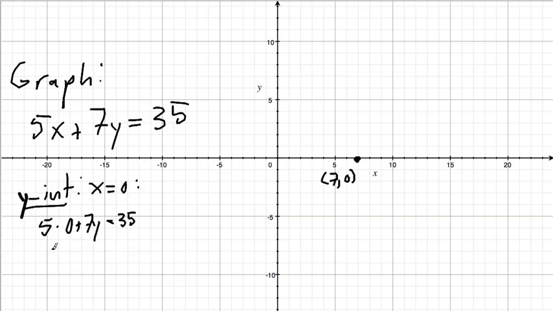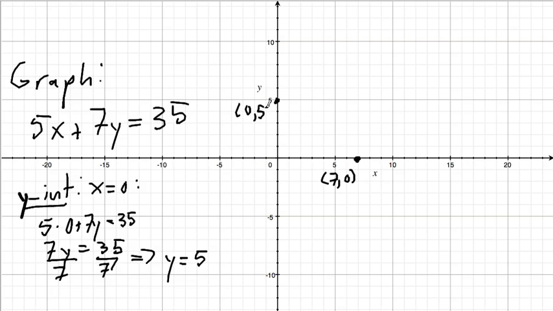And since 5 times 0 is 0, we just have 7y is equal to 35. We divide both sides by 7, and we get that y is equal to 5. So that means our y-intercept is we go up 5 for y, x is 0, we don't have to move left or right, so we got 0, 5 as our y-intercept. 2 points determine a line, so let's see how well I can draw a straight line between these two points. Okay, that is our line right there.